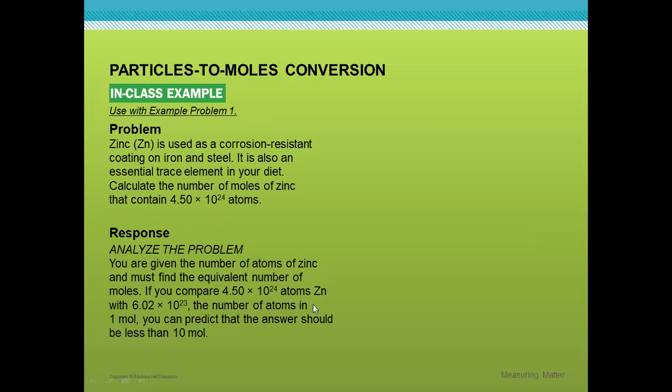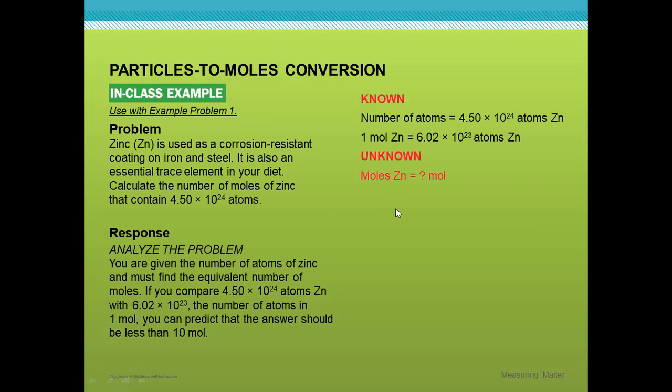You are given the number of atoms of zinc and must find the equivalent number of moles. If you compare 4.50 times 10 power 24 atoms of zinc with 6.02 times 10 power 23, which is Avogadro's number, the number of atoms in 1 mole, you can predict the answer should be less than 10 mole.